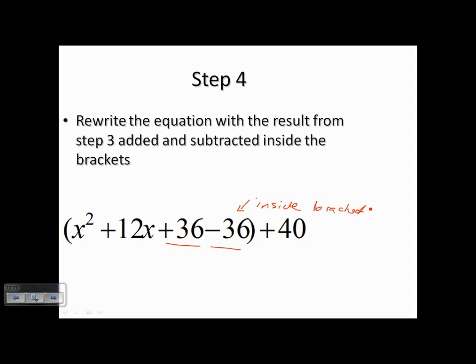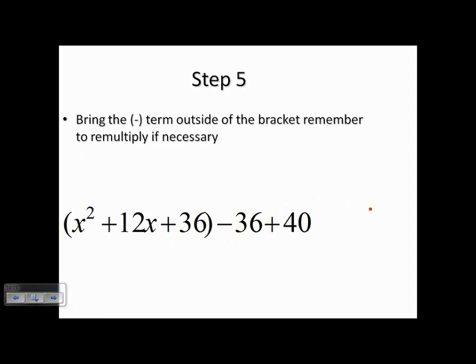By doing this, we haven't actually changed the value of the equation. We've added and subtracted the exact same thing. We're doing this for convenience, and I'll explain why at the end, because right now it doesn't make a lot of sense. The next thing is we want that negative 36 we just put in to get outside the bracket. But to get it outside the bracket, we need to multiply it by whatever number is sitting out front.